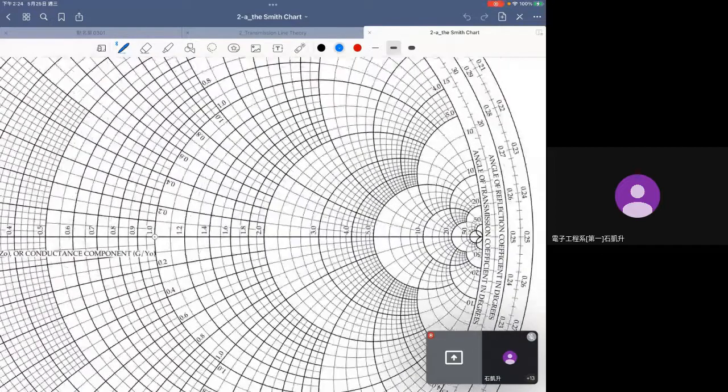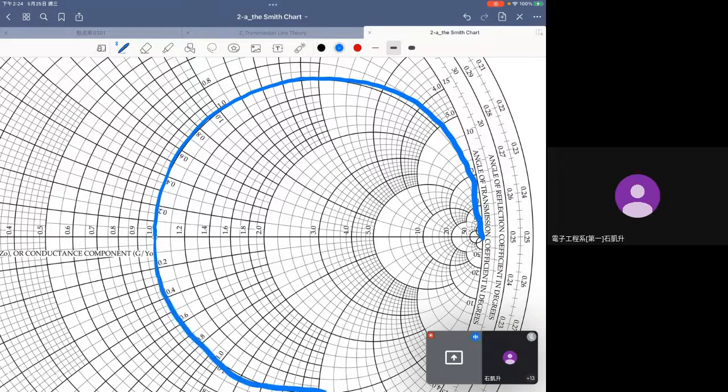Can you see the picture clearly? All the circles connect to 1. This is x equal 1.